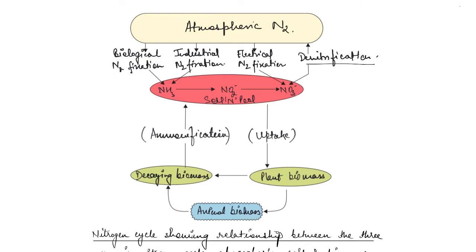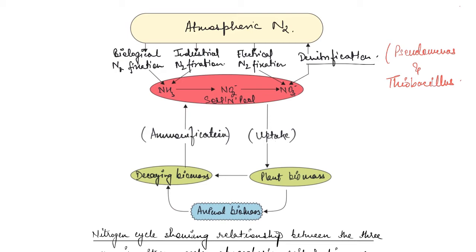So there is nitrification where the ammonia is getting converted to nitrate, or you can say the nitrite is getting converted to nitrate, and then there is just the opposite of that as well, where the nitrate is getting converted into nitrogen again, and that process is known as denitrification. Now, denitrification is again done by bacteria, and bacteria like Pseudomonas and Thiobacillus.